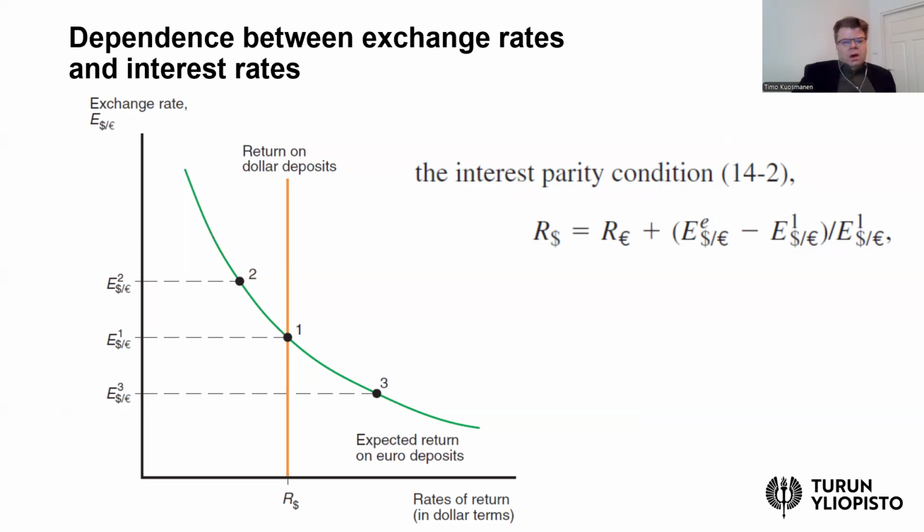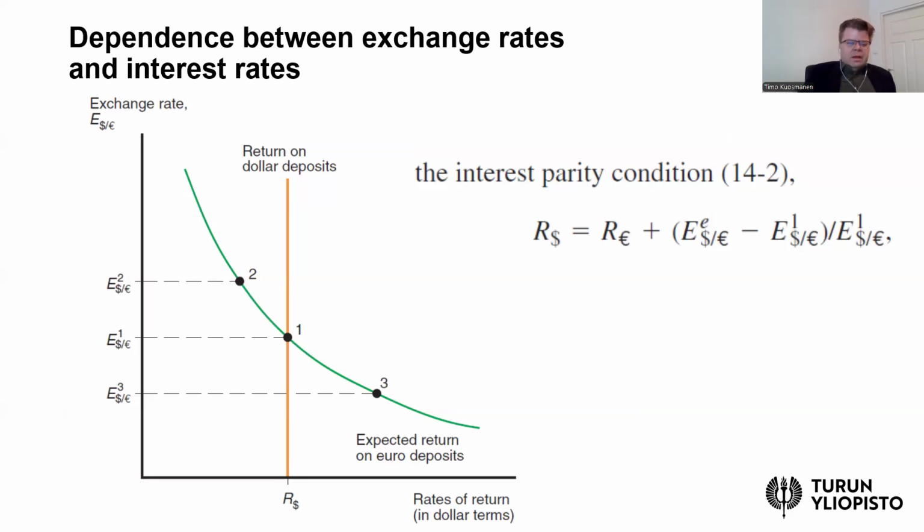So how to read this diagram then? This orange colored vertical line indicates the return from the perspective of an American investor, that is, what is the return if, for example, the investor holds the US government bond.